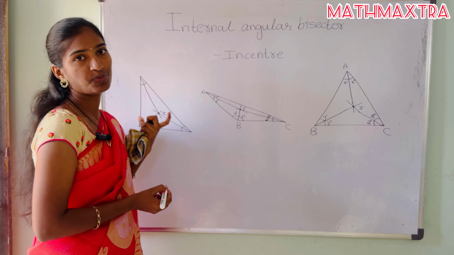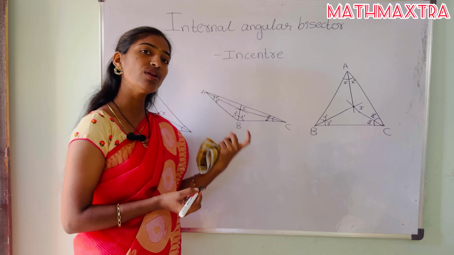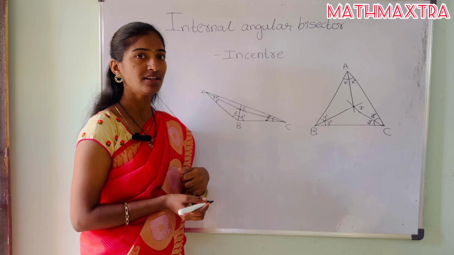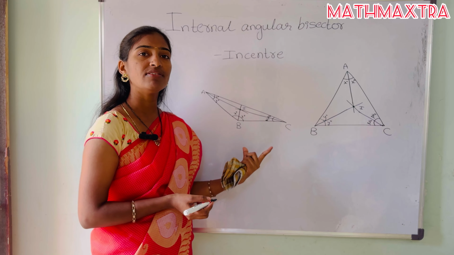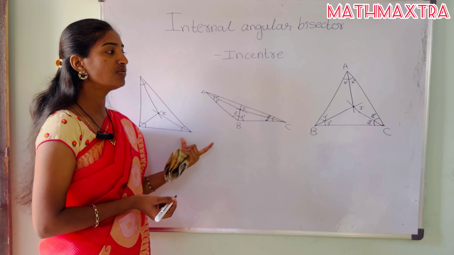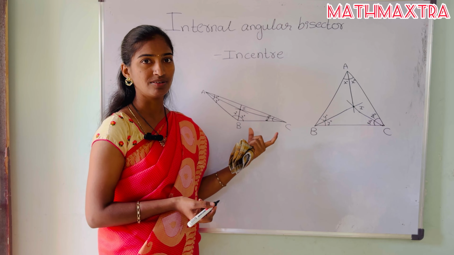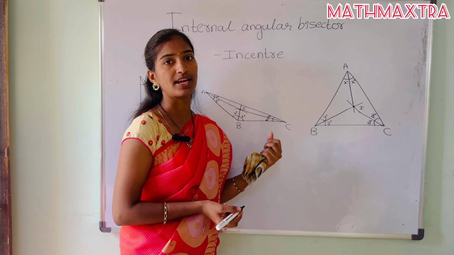In the case of the centroid, we have seen that the centroid is always an interior point of a triangle. Similarly, this incenter is also always an interior point of a triangle. This is one property of the incenter.